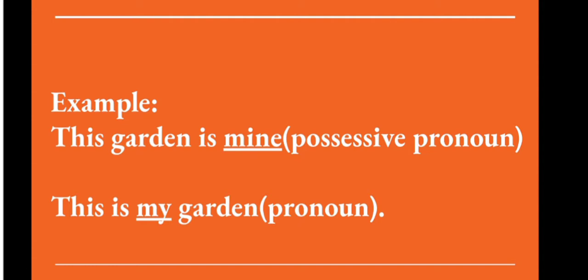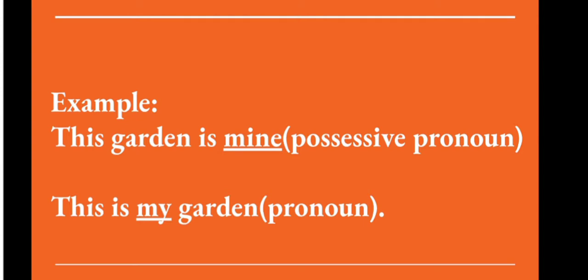Is there any noun after the possessive pronoun? Do you find any noun after the word mine in that sentence? No. This garden is mine. After mine there is nothing else, and we just end the sentence.